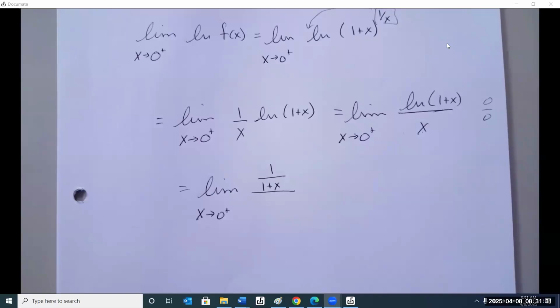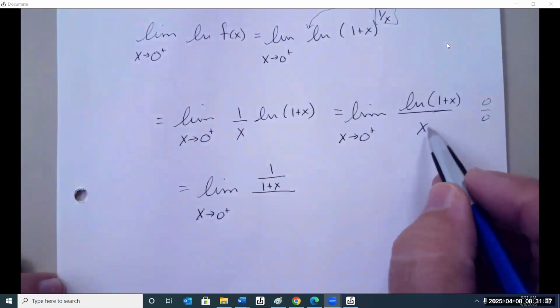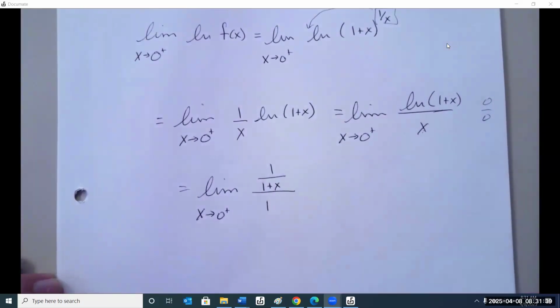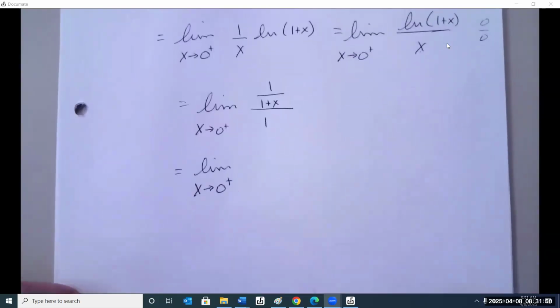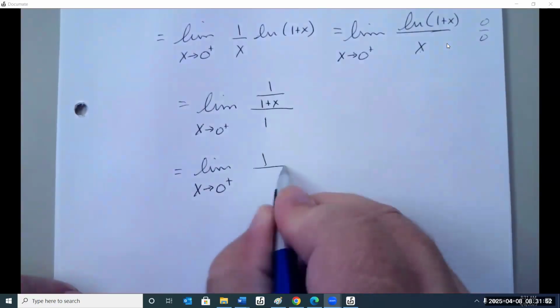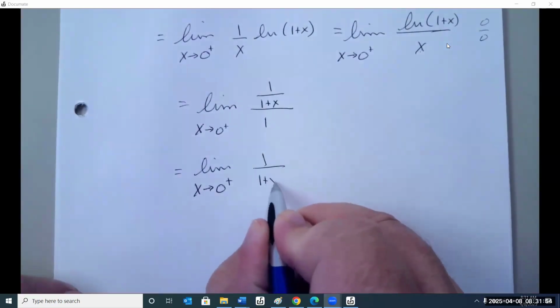So we have to make sure we have, we just said 0. It's nowhere near 0. And the bottom, the derivative of x is 1. So this becomes the limit as x approaches 0 from the right of 1 over 1 plus x.